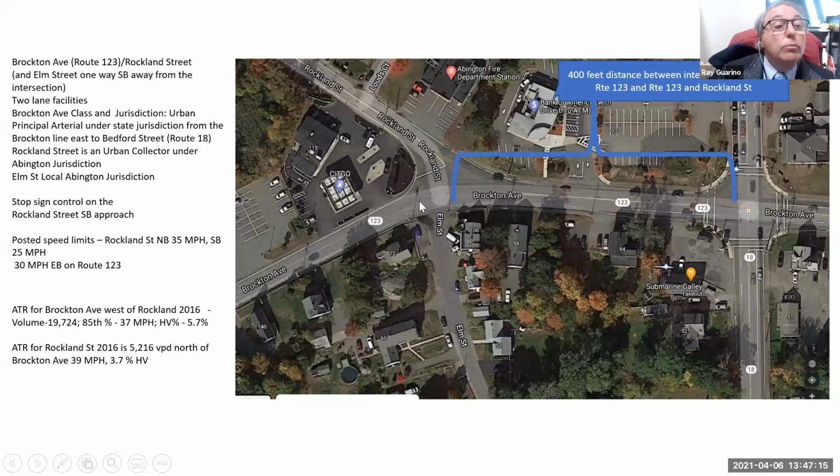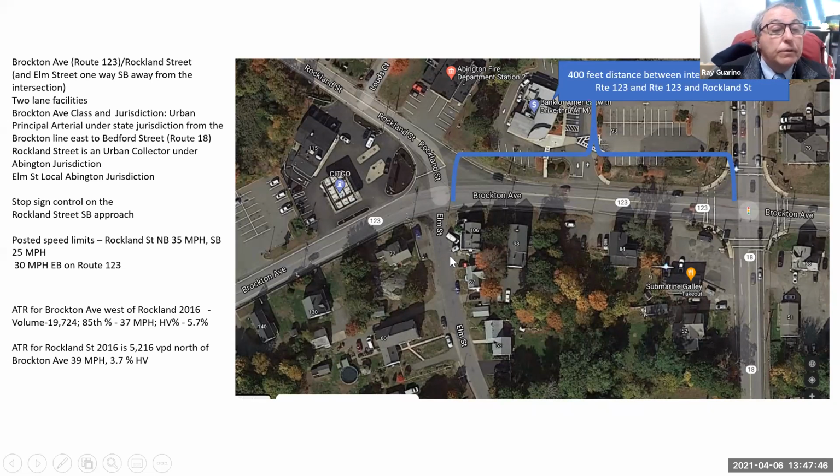Both Brockton Ave and Rockland Street form a four-way intersection, but again, it's quite skewed. Rockland Street curves really quick as it meets Brockton Ave, and there's a de facto right turn on this southbound approach. It's actually a four-way with Elm Street one way away from Brockton Ave.